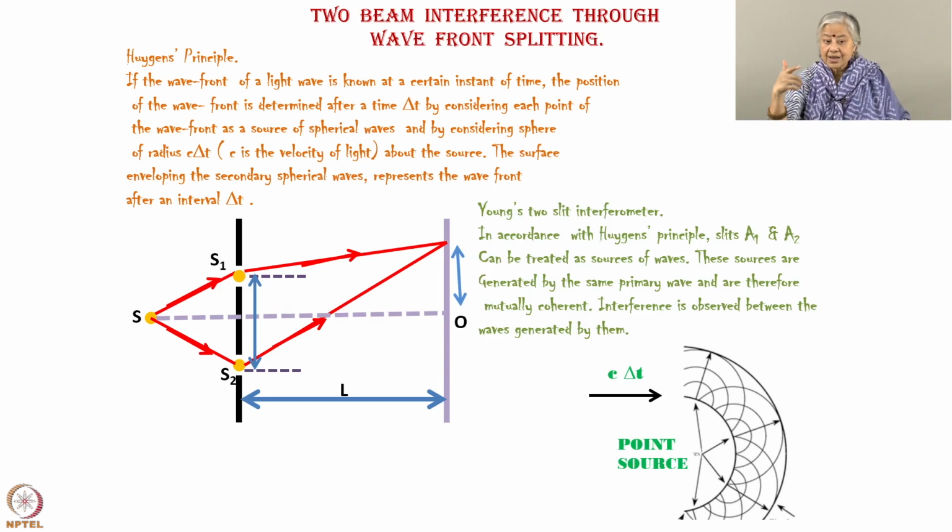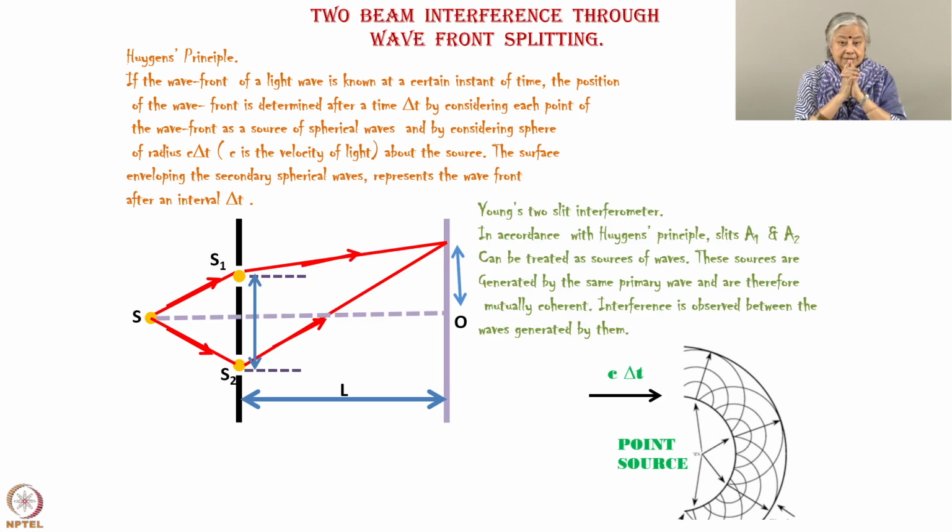I had described amplitude splitting. Now, I will describe the interference pattern and the conditions that are required to get an interference pattern from two beams which are created by division of wavefront.